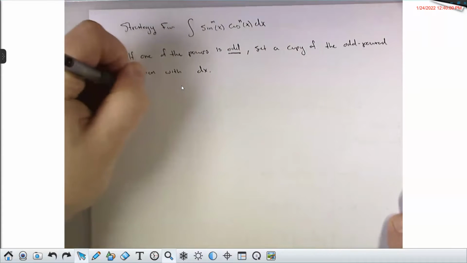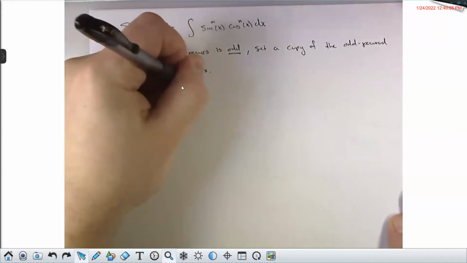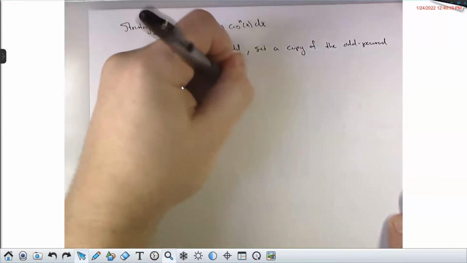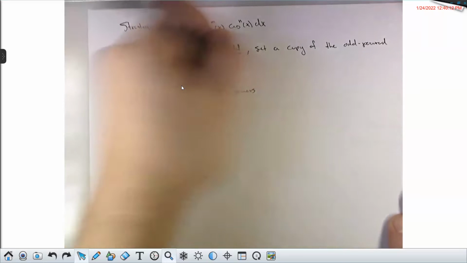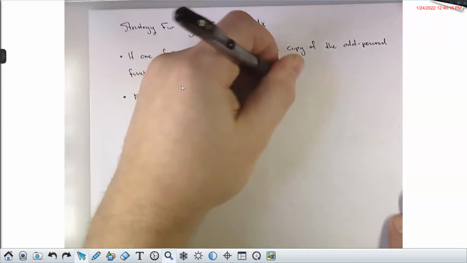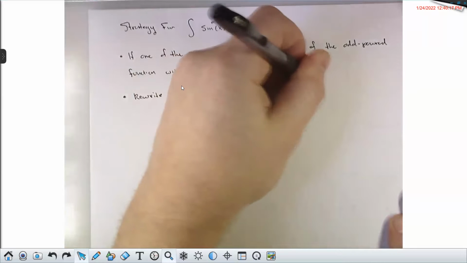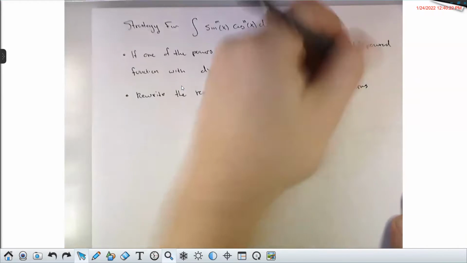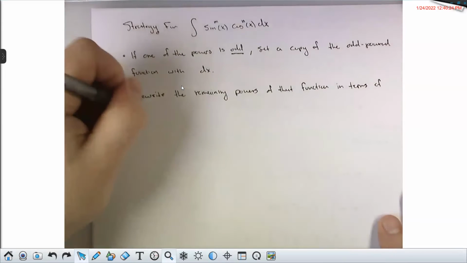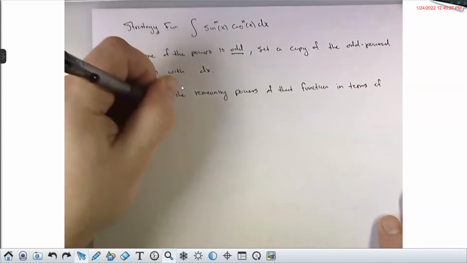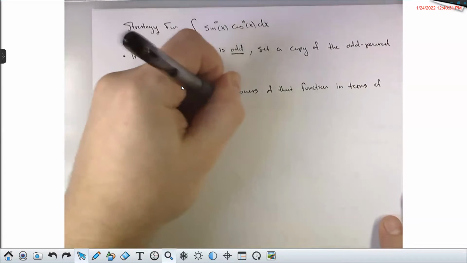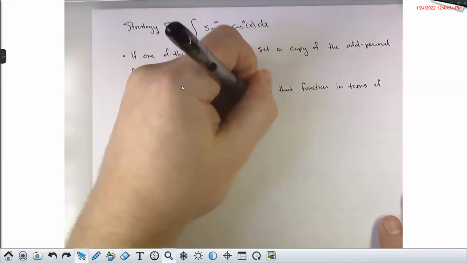Then rewrite the remaining powers of that function in terms of the other function. And this will always be done using Pythagorean identities.